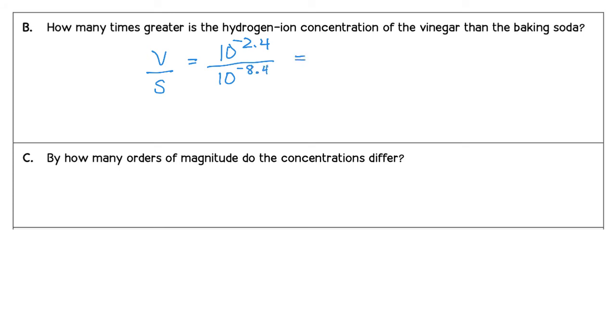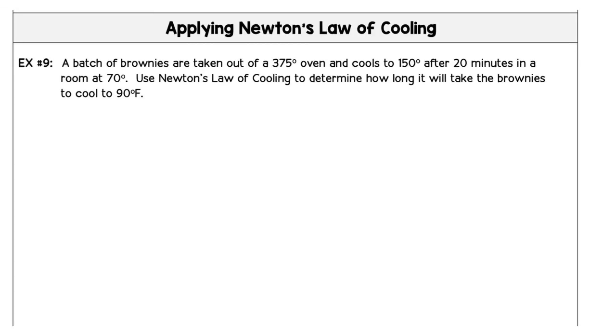So that's about 10 to the 6th. Okay, so how many orders of magnitude do the concentrations differ? And that's going to be 6. All right, and lastly, with applying Newton's law, I think we're going to stop on this one here. We're going to stop here.